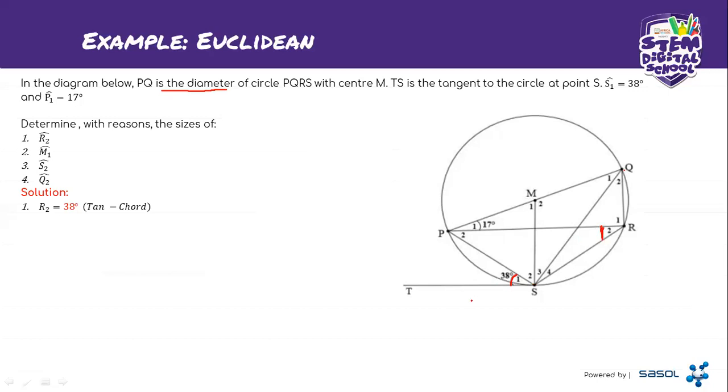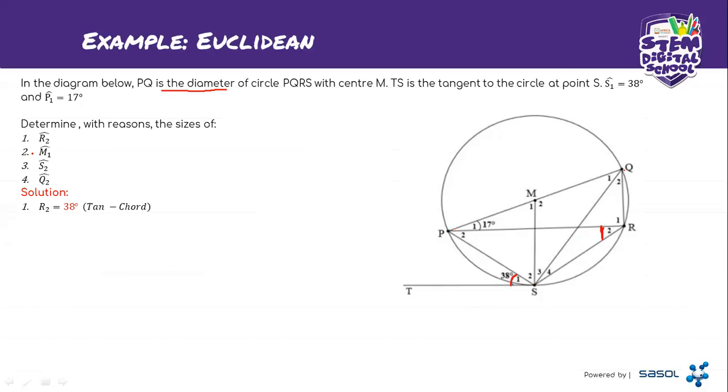So they are equal. The reason for that is tan chord. In short, you can just write tan chord. And yes, we have answered the question of angle R2, which is 38 degrees.